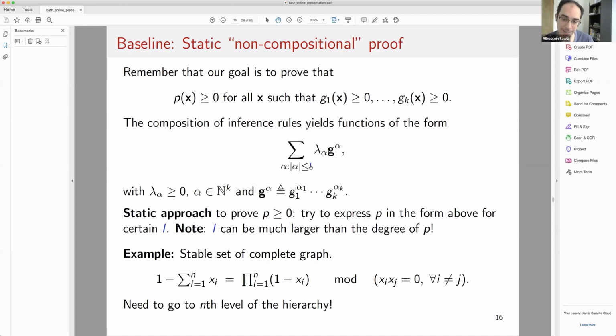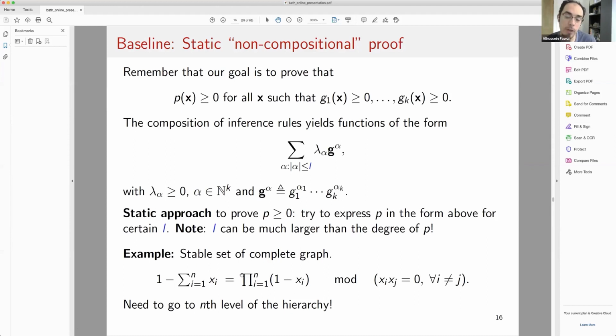But the problem, however, is that this L can be very large. It can be much larger than the degree of the polynomial that you want to prove. For example, if we take the same example as before in terms of the stable set, if you want to prove that 1 minus the sum of the x_i's is non-negative, just like we did in a dynamic way, you actually need to take the product of all the different 1 minus x_i's.